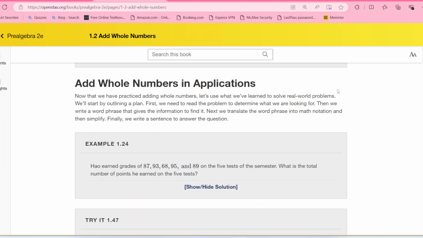All right, so here we are at OpenStax.org, Prealgebra second edition. Section 1.2, add whole numbers, and the heading, add whole numbers in applications.